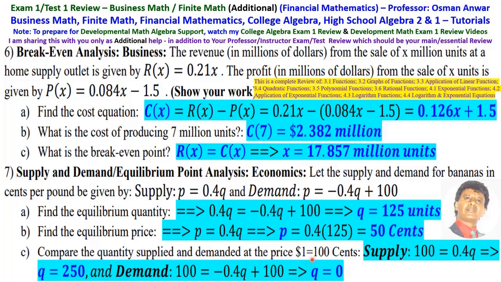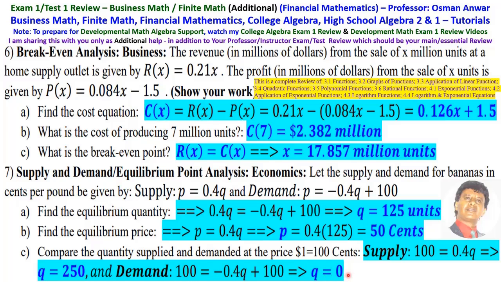So when the price is set at 100 cents, although the supplier is willing to provide 250, the customer is not willing to buy any bananas because it is too expensive. It's twice 50 cents. So there is a lot of supply, 250 bananas, but no one is willing to buy them.